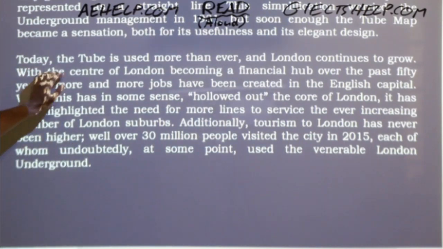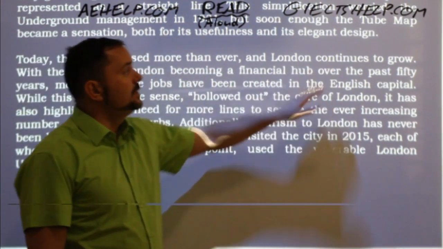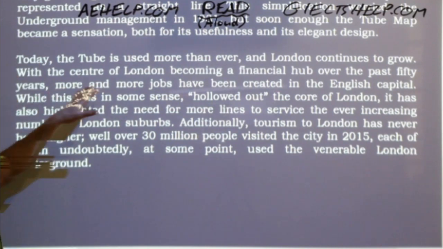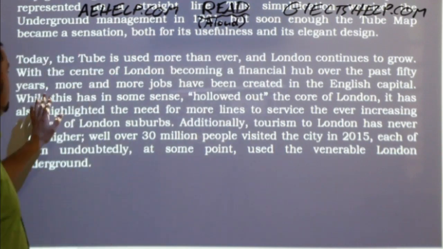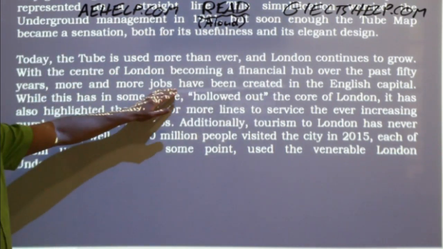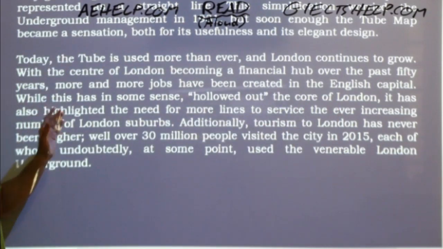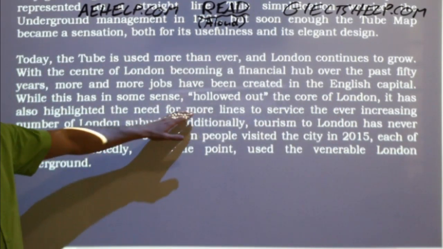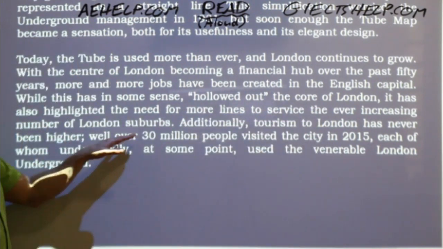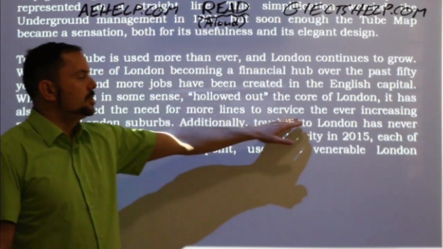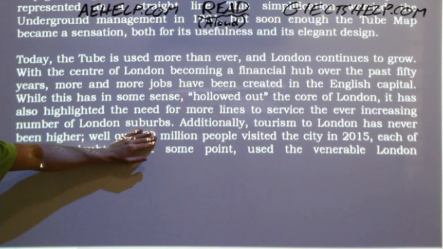Today, the tube is used more than ever, and London continues to grow. With the center of London becoming a financial hub over the past 50 years, more and more jobs have been created in the English capital. While this has in some sense hollowed out the core of London, it has also highlighted the need for more lines to service the ever-increasing number of London suburbs.